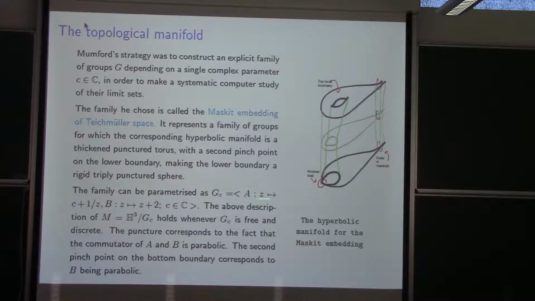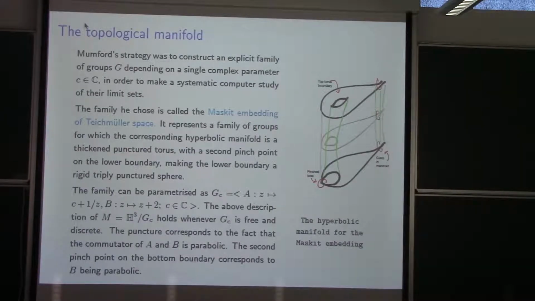You can show that whenever this group is free and discrete, this is what the corresponding hyperbolic 3-manifold looks like. By the general theory, you can deform the top surface and so generate a family of manifolds, but the bottom surface is rigid.